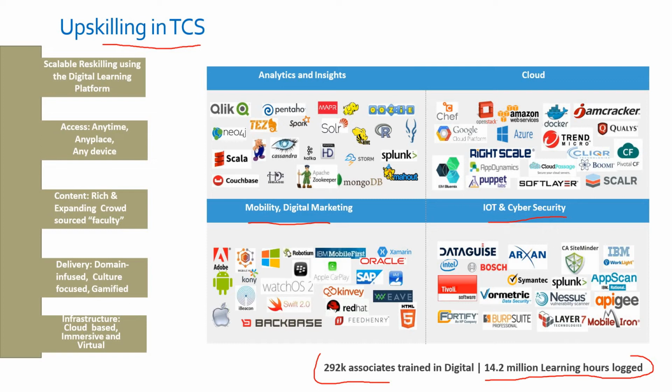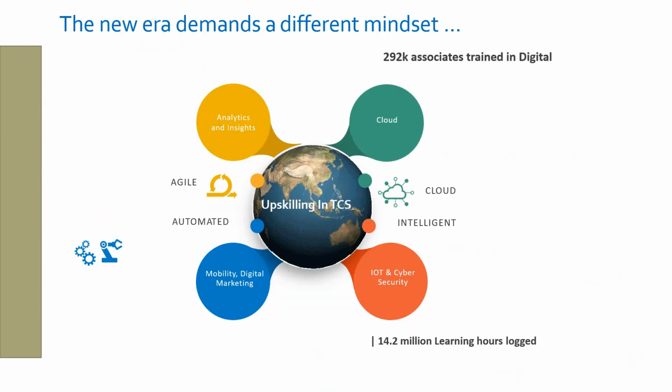So I converted this slide into an infographic. Let's go to the infographic. This is our infographic for upskilling in TCS. Because TCS is worldwide, I put one globe here showing that.